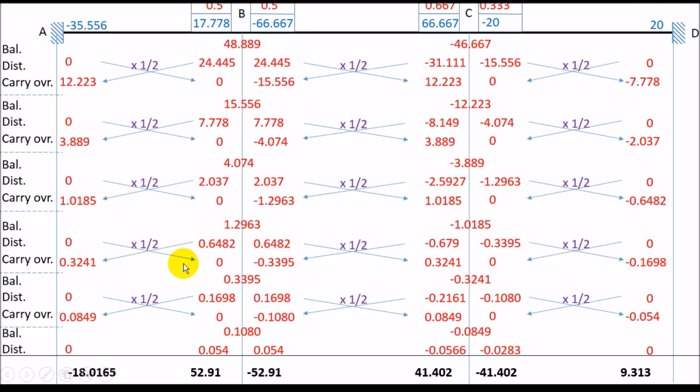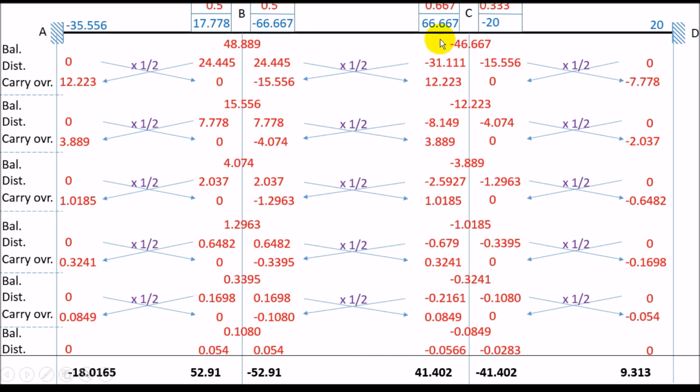And again we'll add these values now: minus 66.667, 24.445, minus 15.556, plus 7.778, minus 4.074, plus 2.037, minus 1.2963, this value, this value, this value, this value, and this value. So we get minus 52.91.